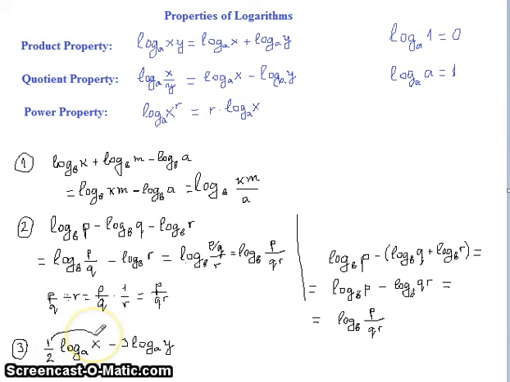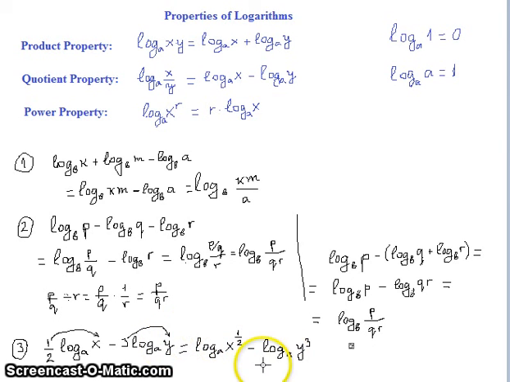So we apply the power property, but this time again from right to left. We can do the same with just positive 3. We can use it as an exponent, and we get log base a of x to the power of 1/2 minus log base a of y to the power of 3.